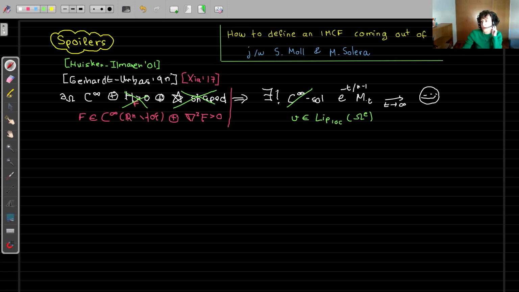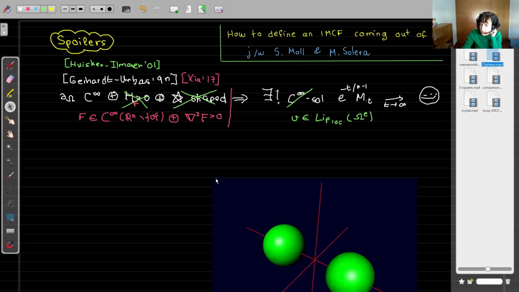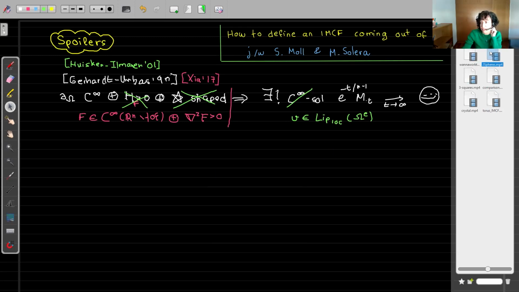Let me show you another video, especially for people that are familiar with mean curvature flow, which is a local flow. The inverse mean curvature flow, these level set solutions are sort of non-local in nature.